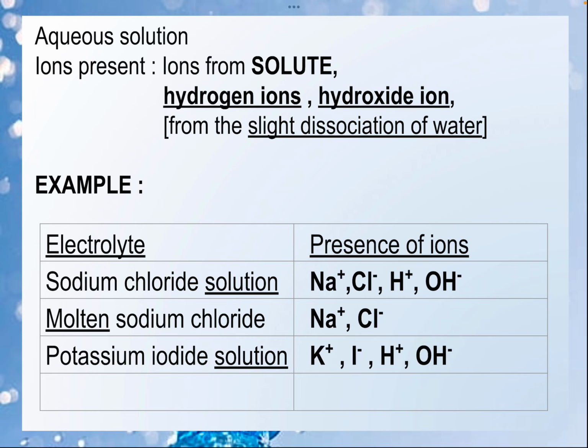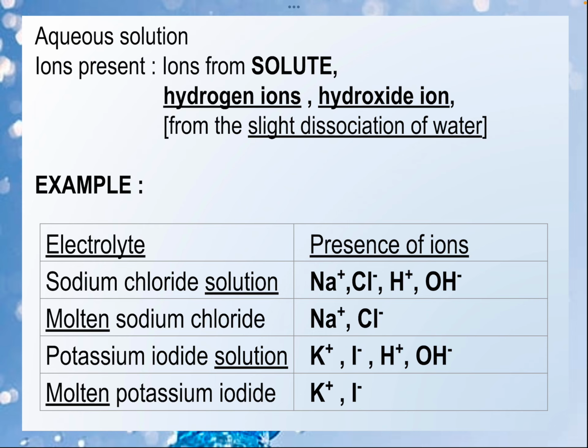Okay, satu lagi contoh, potassium iodide solution. There are potassium ions, iodide ions from the solute. And kalau sebab dia solution, there are presence of water. Therefore, there are also presence of hydrogen and hydroxide ions.